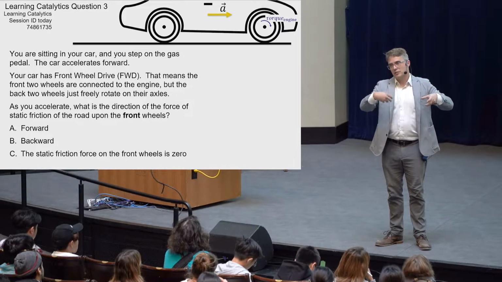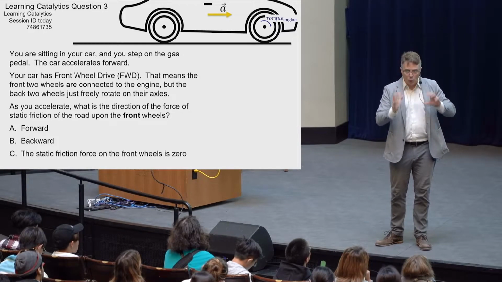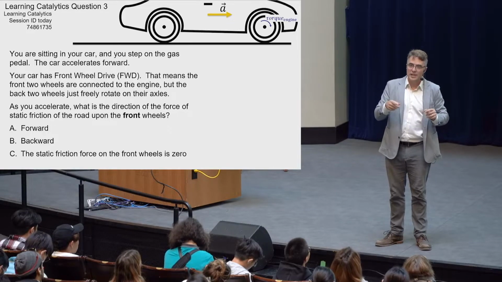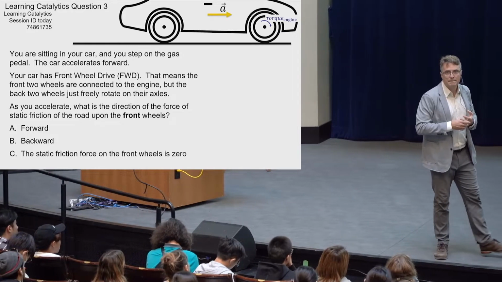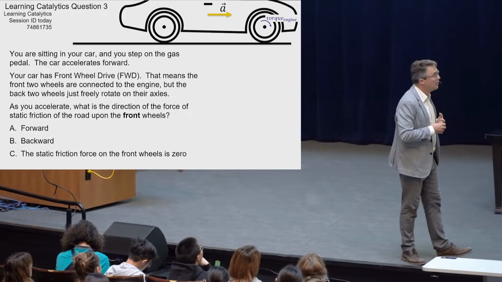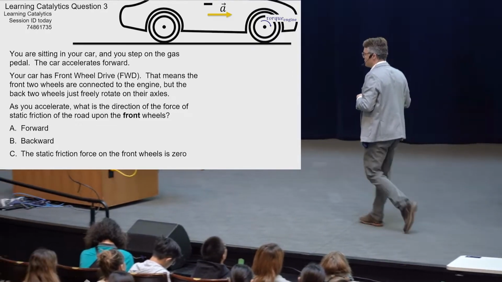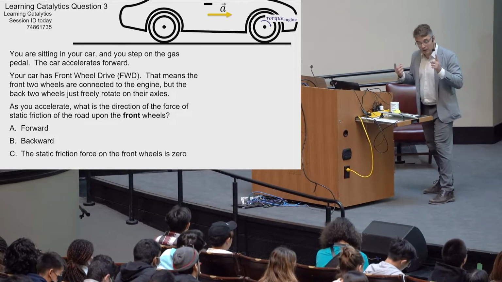The engine is closer to the front wheels, so it's only connected to the front 2 wheels. The engine torques the front 2 wheels, and the back 2 wheels just roll freely along the ground. So my question is, if the car is accelerating towards the right, what is the direction of the force of static friction of the road upon the front wheels?